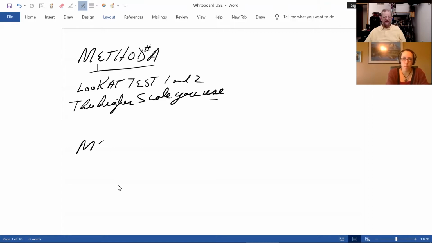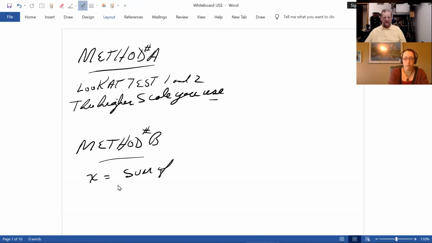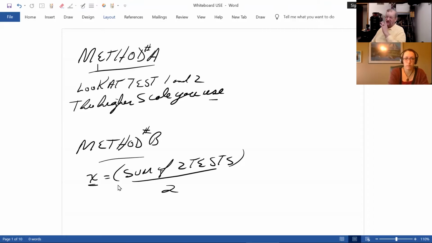Now, method B: take the sum of your 2 tests divided by 2, you get a number X. If X is 90 and above, you're getting an A. This is in my syllabus, the breakdown: 80 to 89 B, 70 to 79 C, 60 to 69 D, and below 60 F. And that's how you do it.